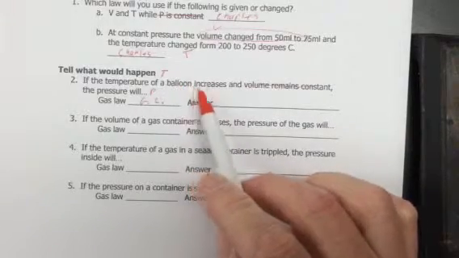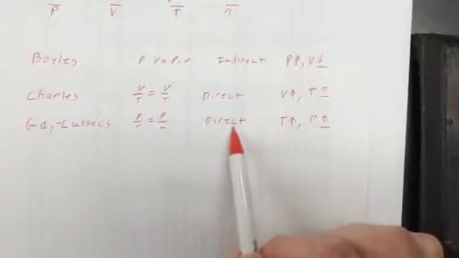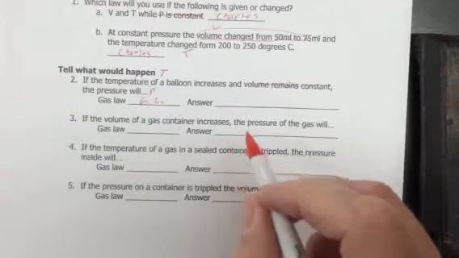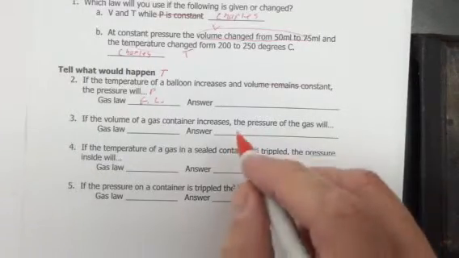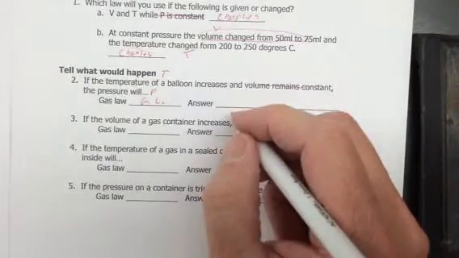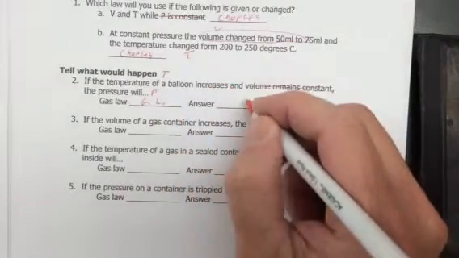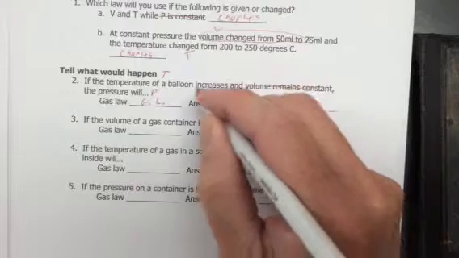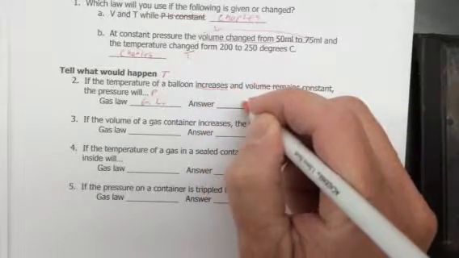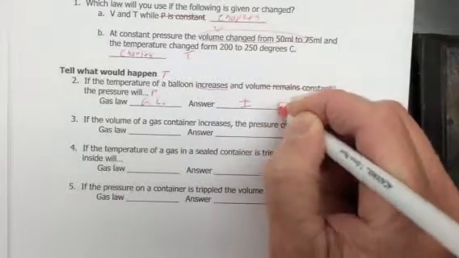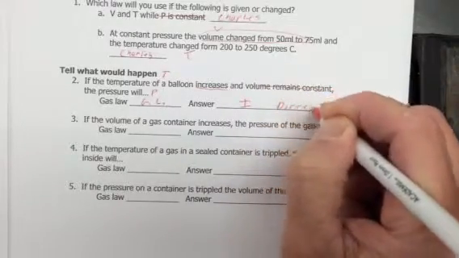Well, it says the temperature increases. For Gay-Lussac, it is direct. So if one goes up, the other also goes up. If we're using pressure and temperature, it's going to be a direct relationship. So if the temperature increases, the pressure will also increase. Why? Because it is direct.